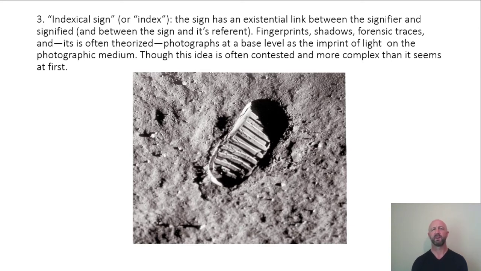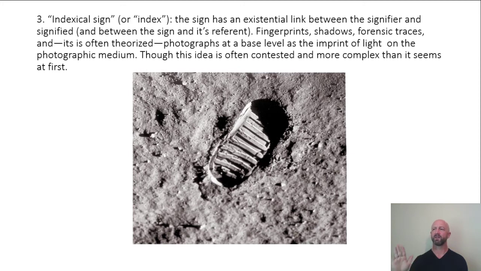So, for instance, fingerprints, shadows. If you watch forensic detective shows, forensic evidence and so forth is often theorized as being indexes, in the sense that that fingerprint was created by someone touching something else.